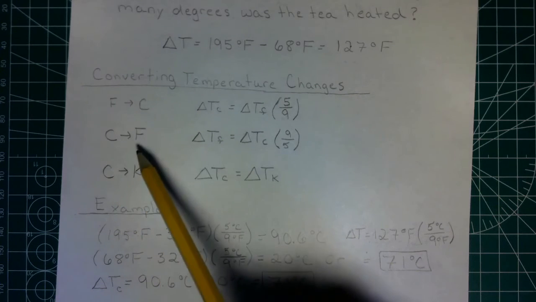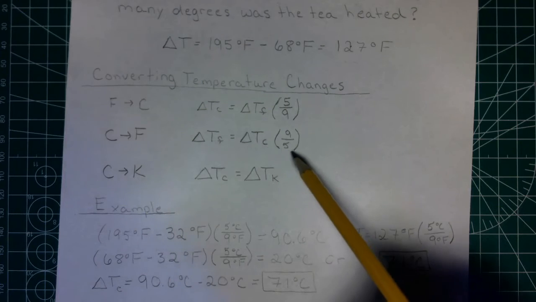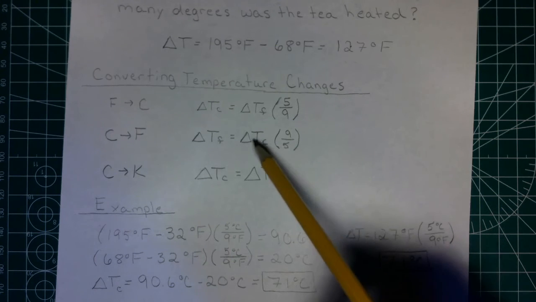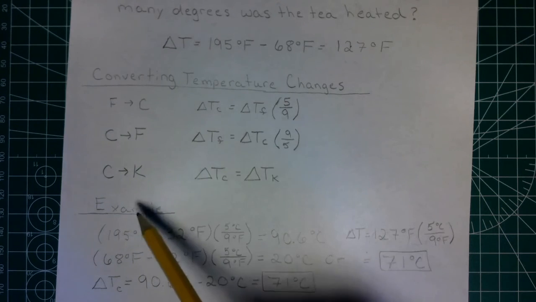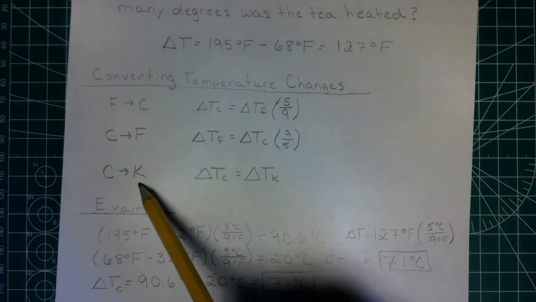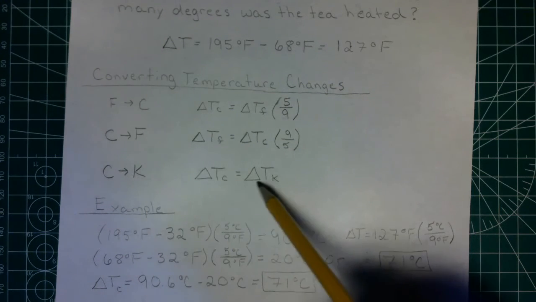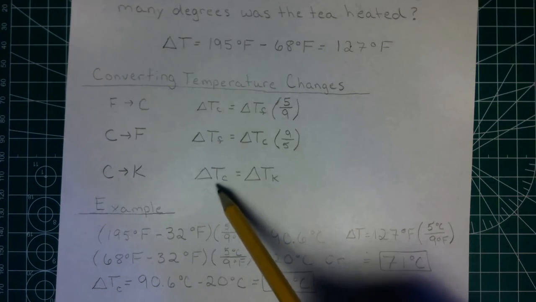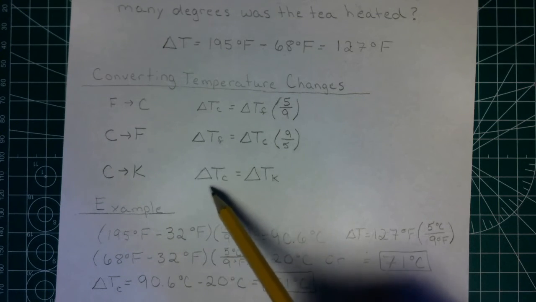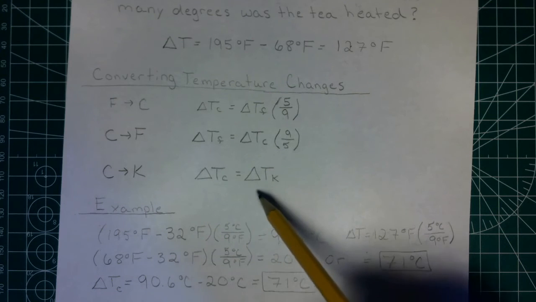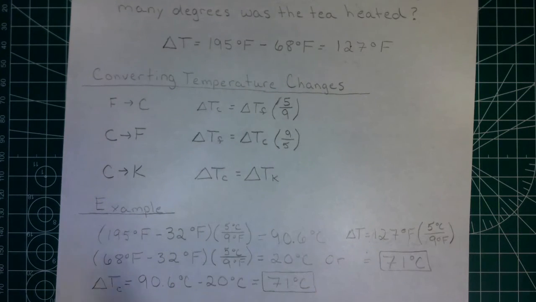In order to go from Celsius to Fahrenheit, again, we just multiply by a conversion factor. This time it's 9 degrees Fahrenheit for every 5 degrees Celsius. We cancel those units and we get our degrees Fahrenheit. And to go from Celsius to Kelvin, those are actually the same in this case, because a degree Celsius is the same size as a unit in Kelvin.